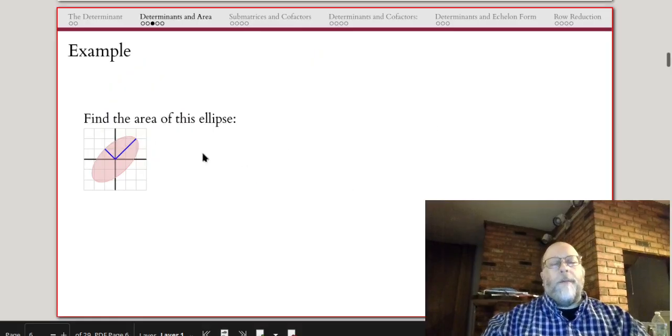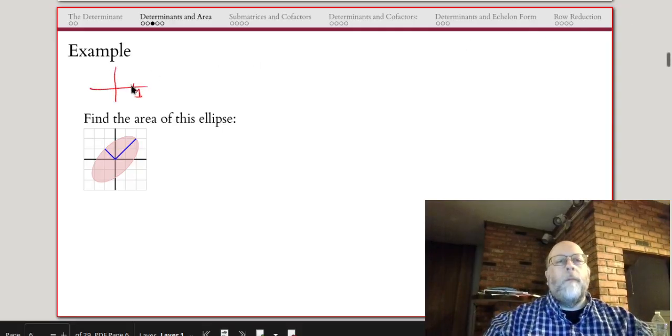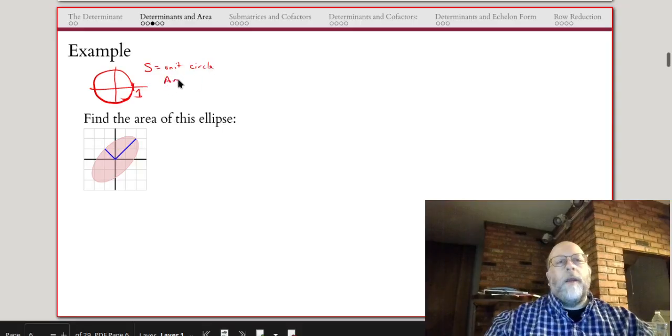Let's try another example. Let's try the area of this ellipse. So again, if we start with the unit circle, S is a unit circle, the area is equal to pi, and these are my standard vectors E1 and E2.